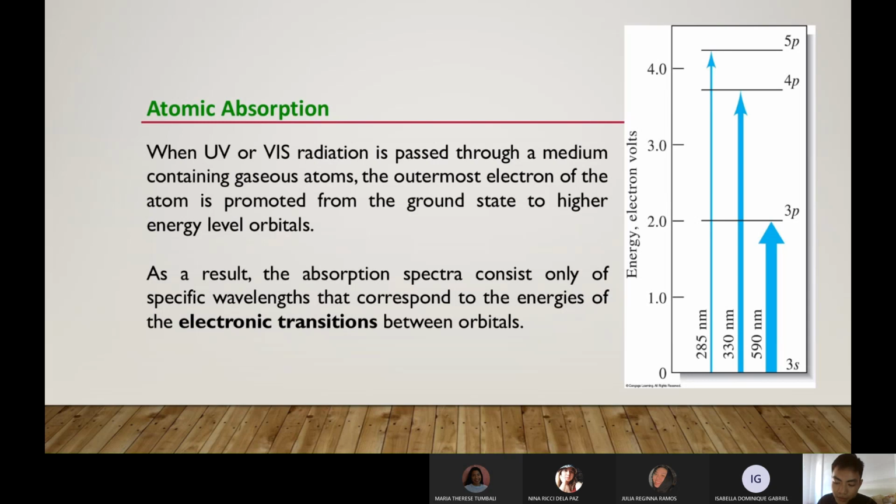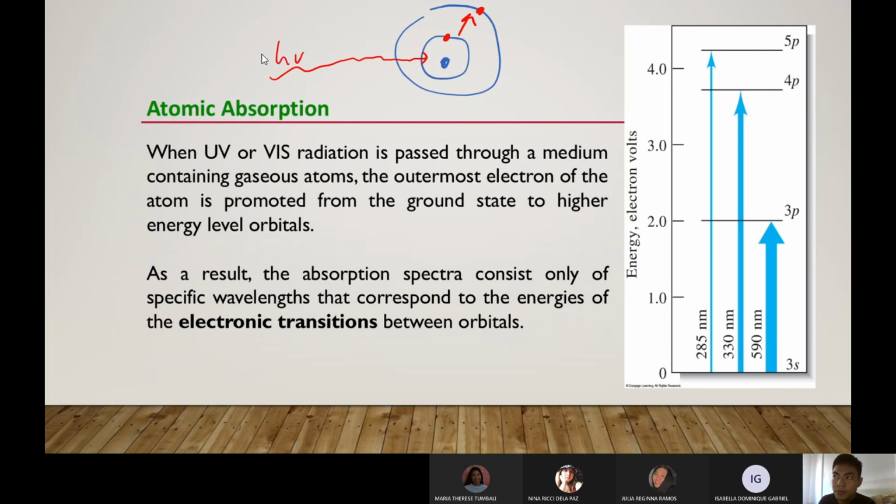Remember sa Bohr model, ito yung atom, then ito yung mga orbitals niya. If the electron is here, pag yan, nilagyan mo ng energy, aangat yun. Aakyat yung kanyang energy level. Okay? So, yun yung nangyayari when we have absorptions.